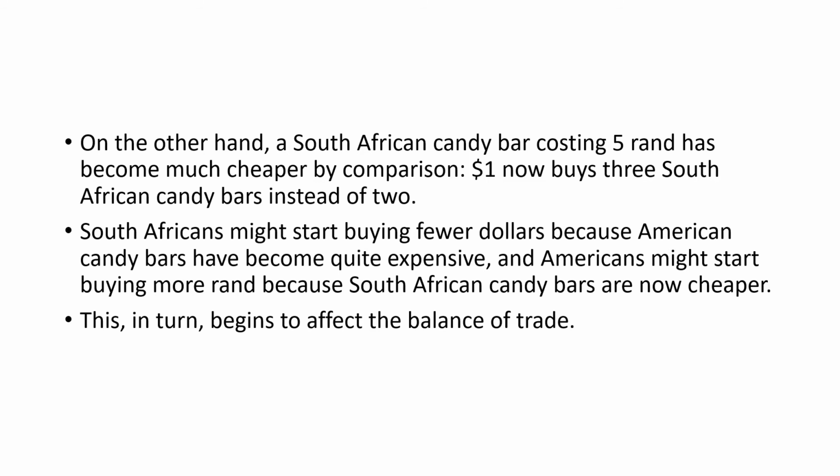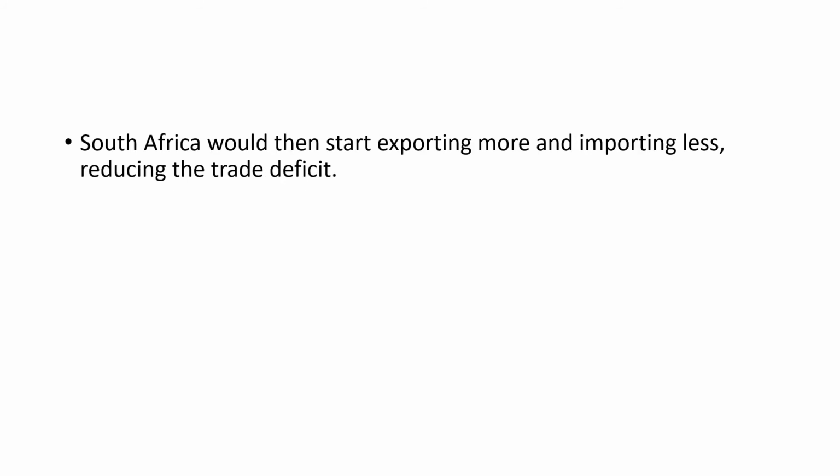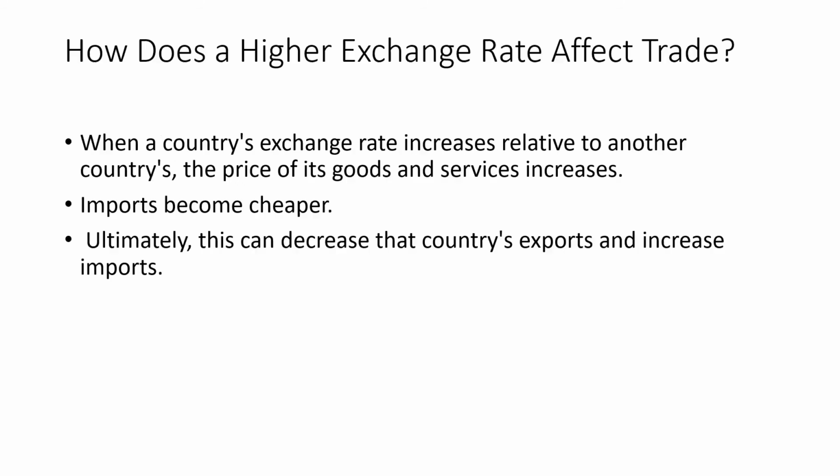South Africans could start buying fewer dollars, because American candy bars have become quite expensive, and Americans might start buying more rand because South African candy bars are now cheaper. Also, this could affect the balance of trade, and South Africa would then start exporting more and importing less. This would reduce the trade deficit for South Africa.